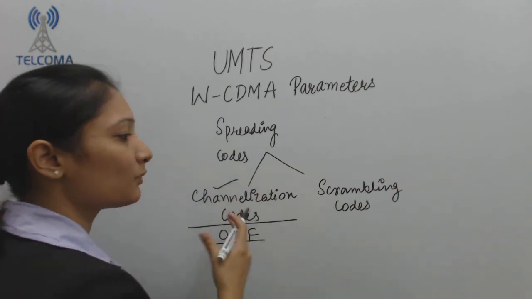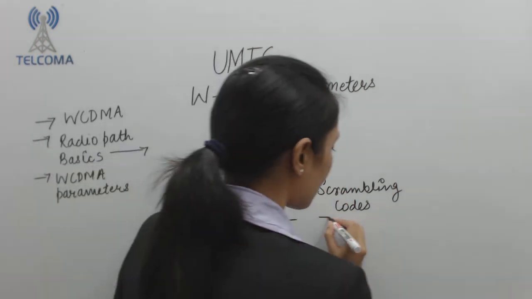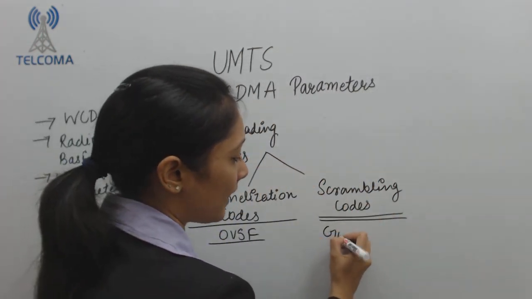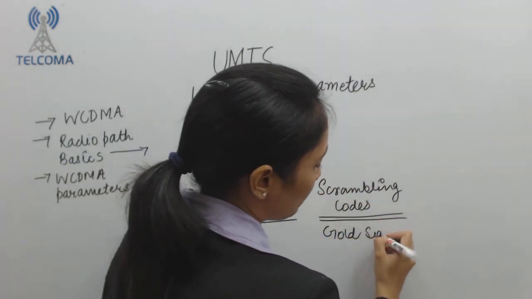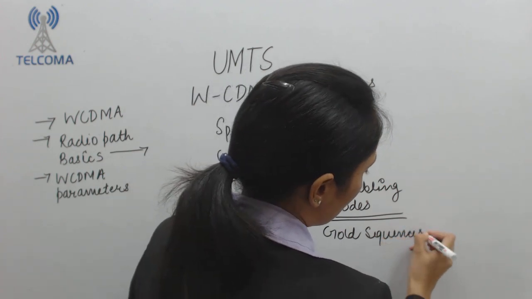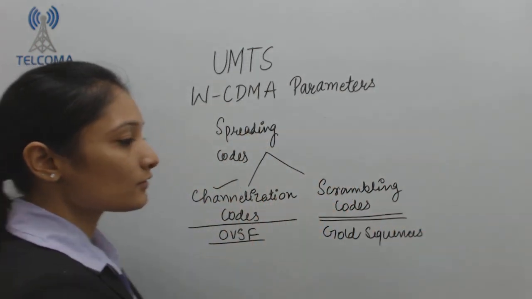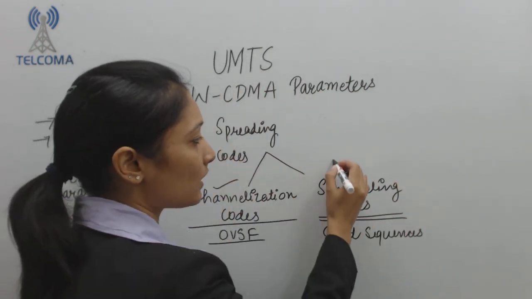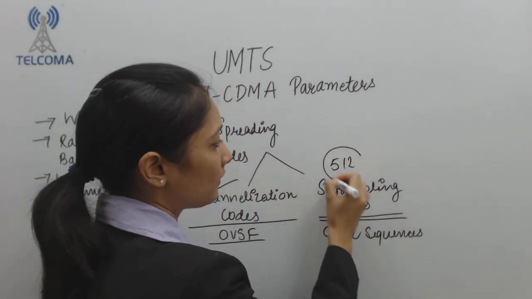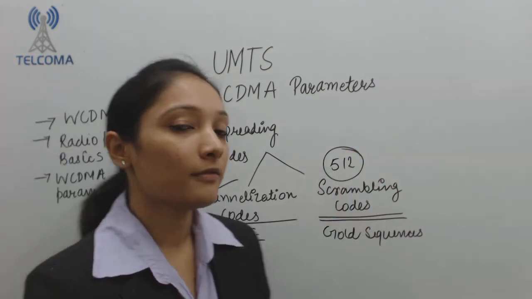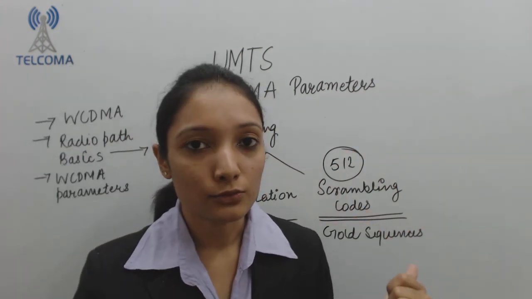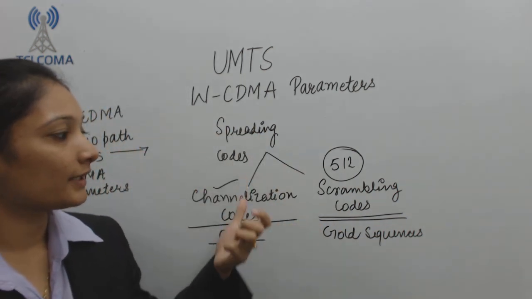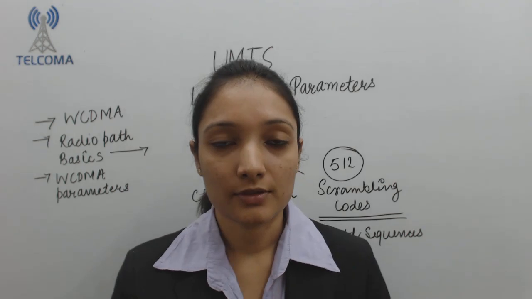These are mainly used for the purpose of spreading. These are the scrambling codes which are generated from gold sequences. These channelization codes depend upon the spreading factor, and these scrambling codes are fixed to the number of 512. We will be studying the spreading operation of WCDMA in our further sessions.